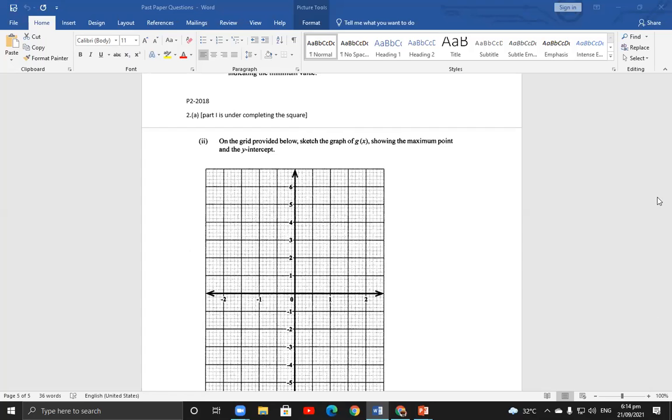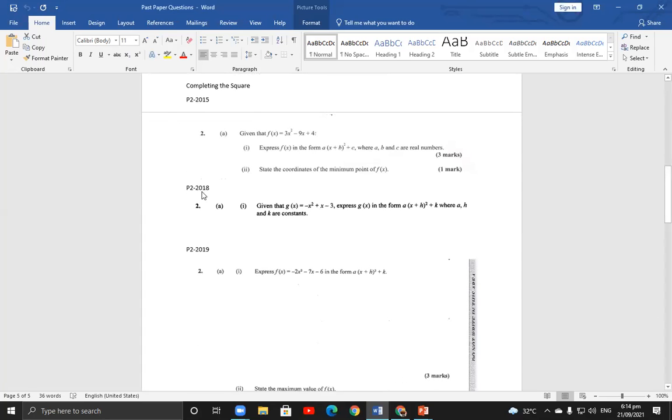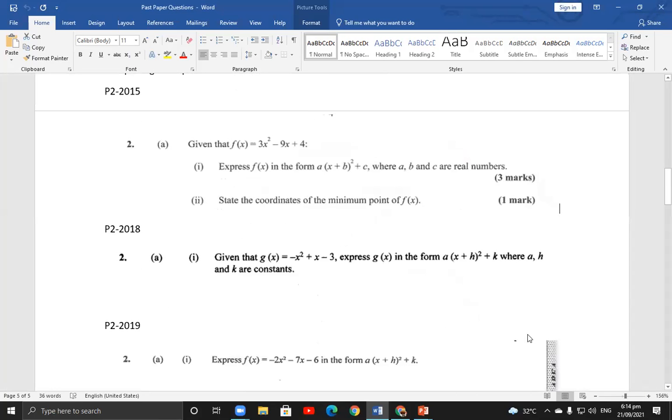So this is Paper 2, 2018. This is Question 2, Part A. This is usually where the completed square form and the graphs and all that comes in.